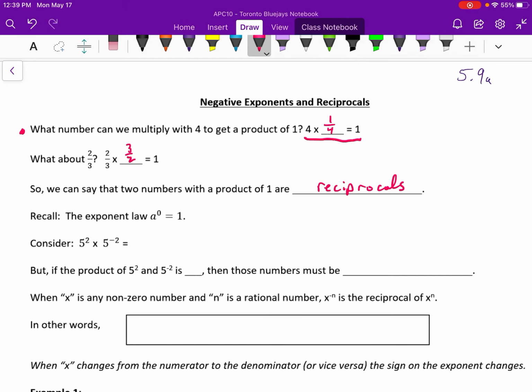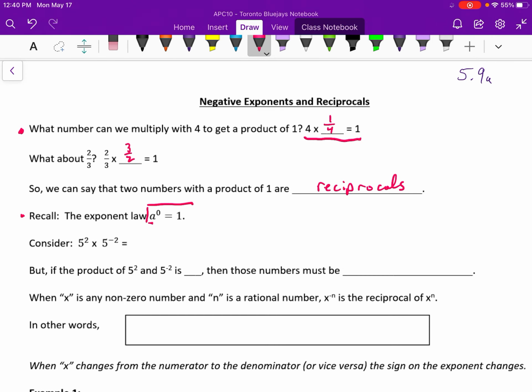Also, recall, any number a to the power of 0, by definition, is 1. So consider 5 to the power of 2 times 5 to the power of -2.